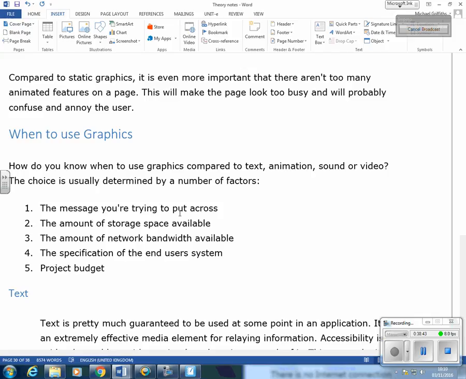As I said, the main reason should be the good reasons. But listen, you don't always build websites for nice people. The only reason they may care that their site is accessible is, A, they don't get fined, and B, they get more money. So for whatever reason, make sure your site is accessible and use your graphics properly.